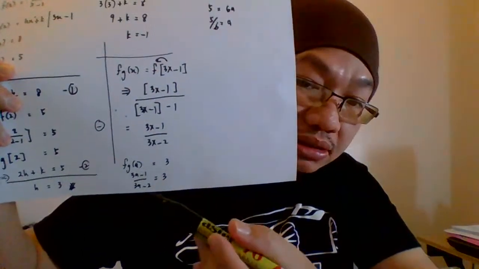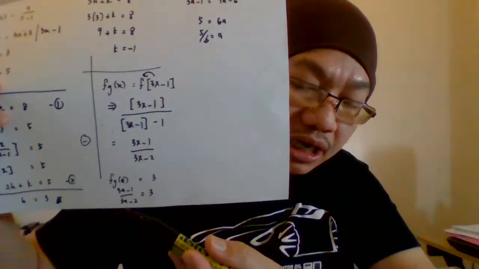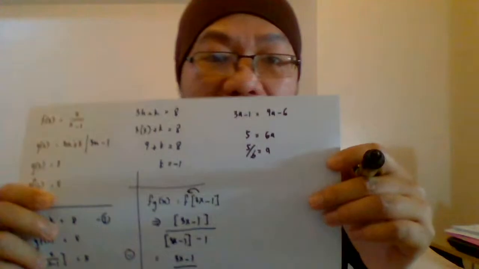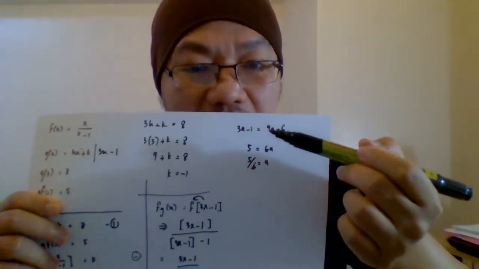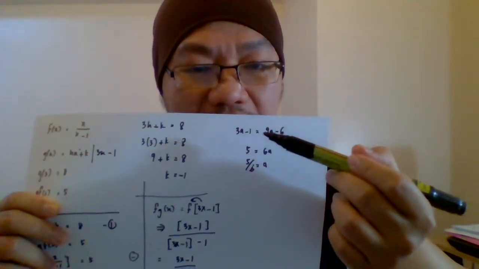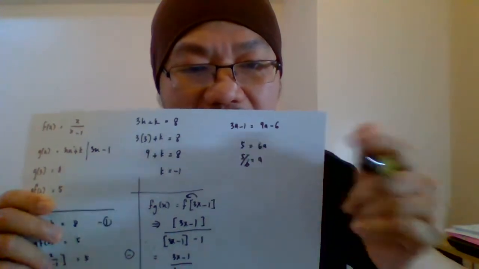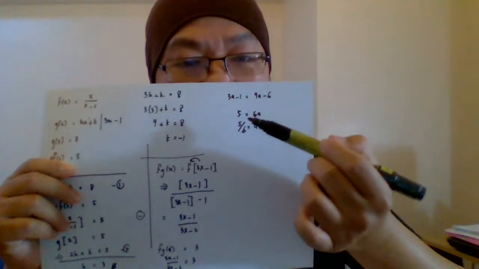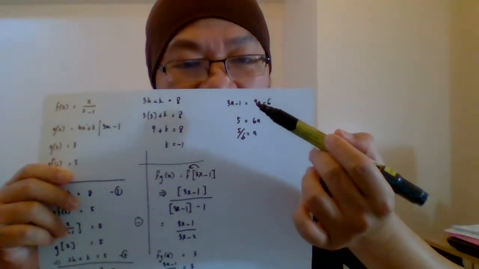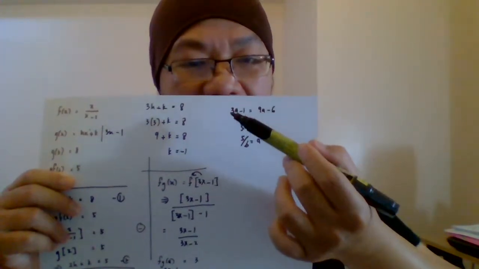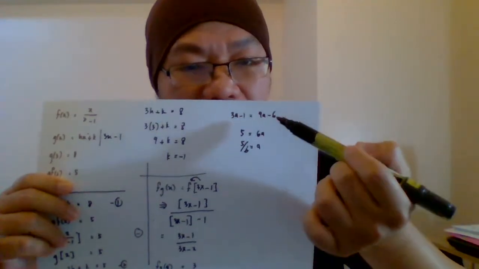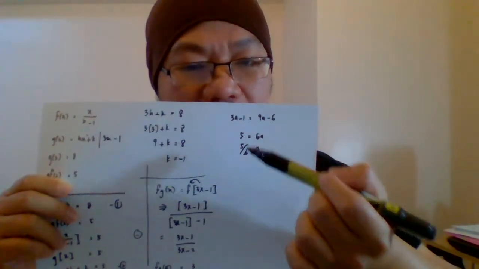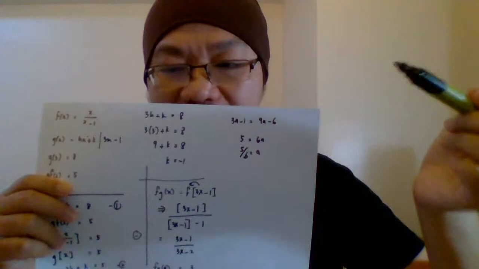Now, when I move the 3a minus 2 to this side, it becomes times: 3 times 3a becomes 9a, 3 times 2 becomes 6. And then I solve the problem. Since the 9a is positive, I keep it here, and 3a is smaller compared to 9a, so 3a moves to the right side, it becomes 6a equals to 5, and a equals to 5 over 6.